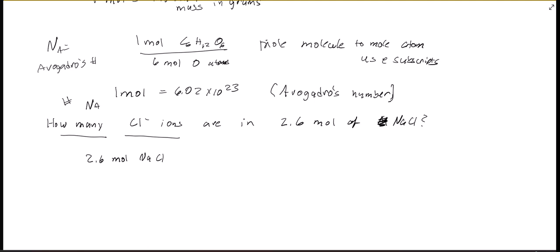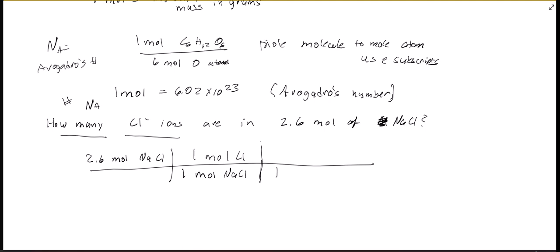So start with the number you're given, 2.6 moles NaCl. I need to get to chloride ions. So I need to get from moles of sodium chloride to moles of chloride. I'd have that 1 mole of sodium chloride is equal to 1 mole of Cl, because the subscript is 1. And then 1 mole of chloride ions is equal to 6.02 times 10 to the 23rd chloride ions.